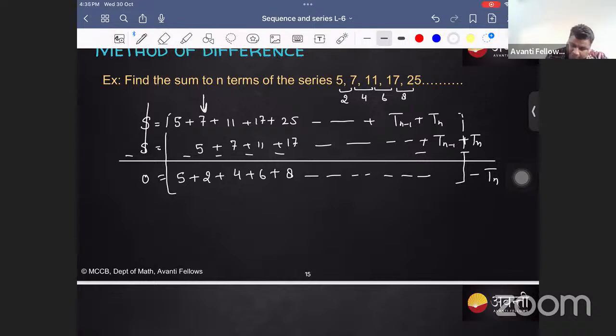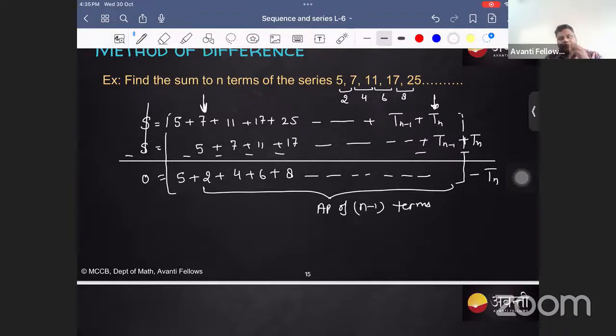From this point to this point, how many terms are there? n minus 1 terms, except the 5 and the minus Tn. So from this 2, as long as the differences are taken, it is an AP of n minus 1 terms.